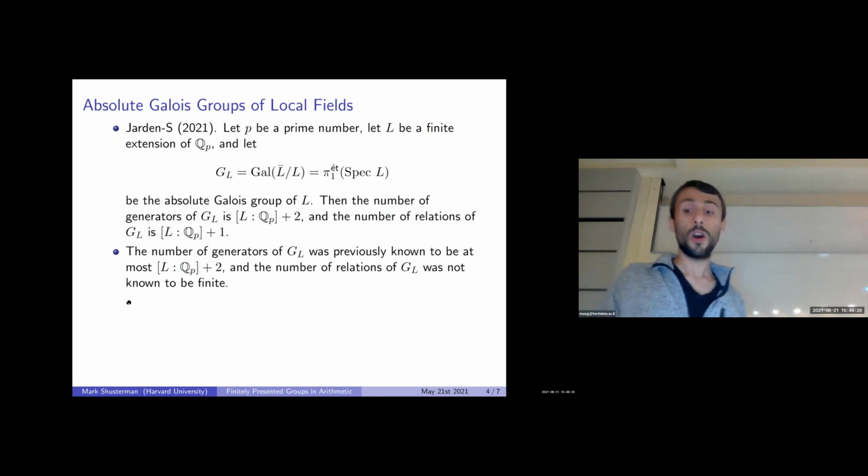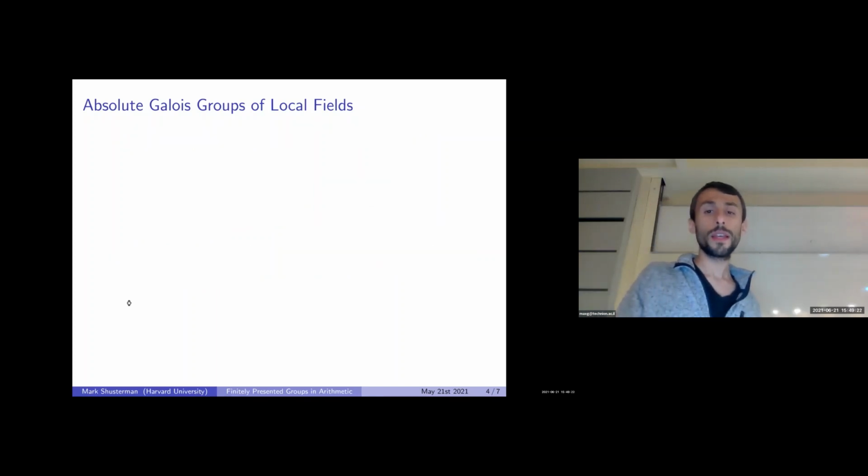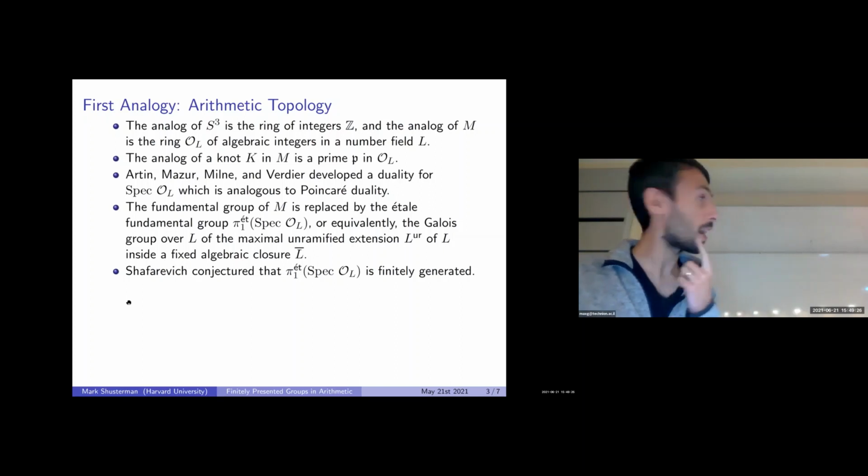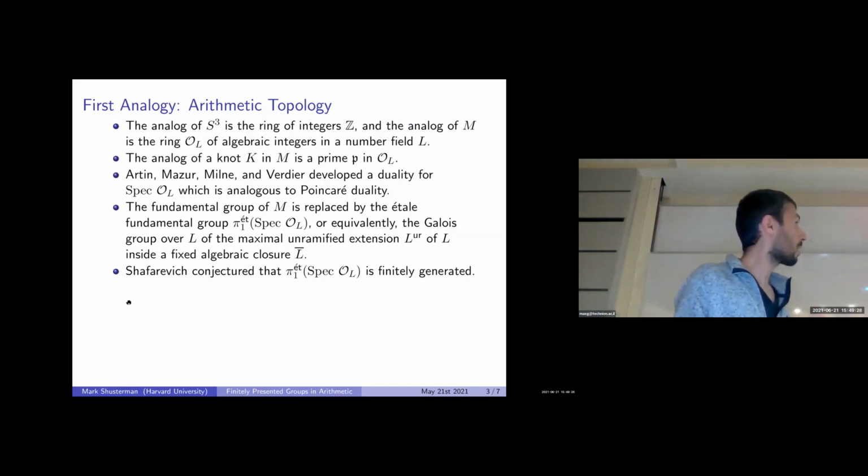Oh yeah, the Shafarevich conjecture. This is a previous slide. In the global situation, the conjecture is that this Galois group is finitely generated, and that's a global conjecture about some extension, let's say, of some number field.